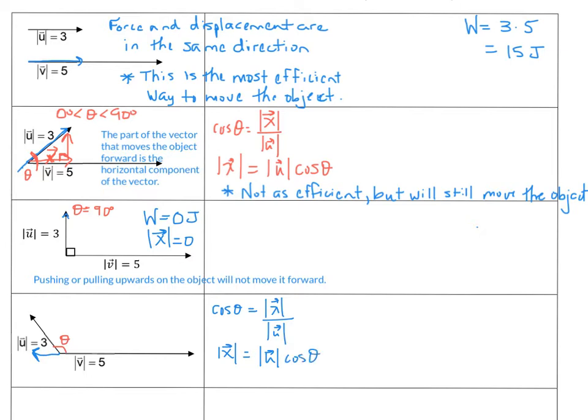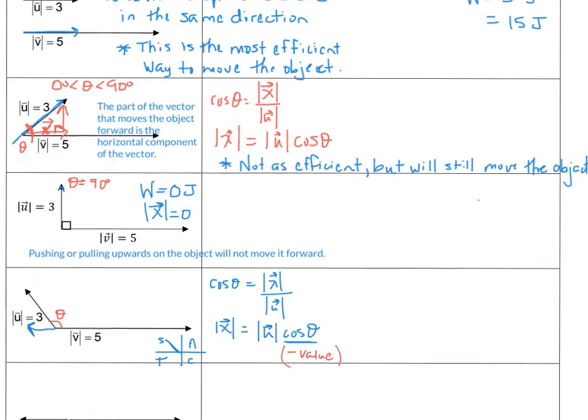Now, if you remember from your work with CAST rule, cosine will be negative when we are in that second quadrant. So when our angle is between 90 and 180 degrees, it will give us a negative value. So what's going to happen overall here is this will be a negative value. So our work will actually be negative. We're working against where we want to go.